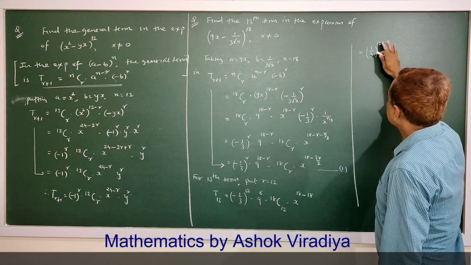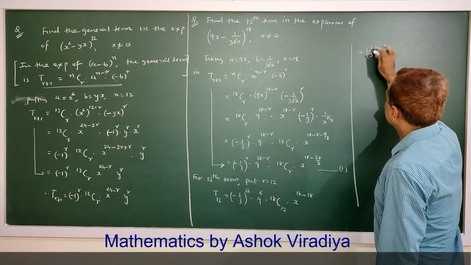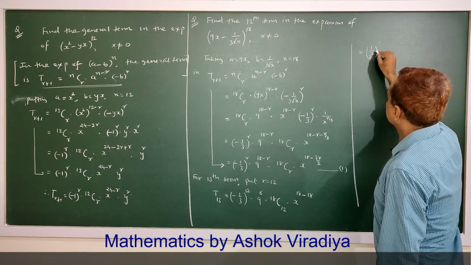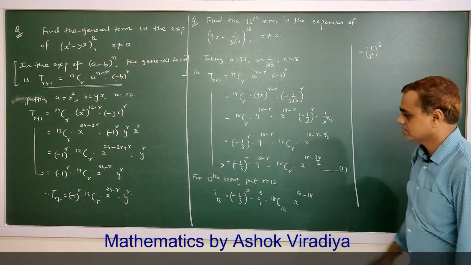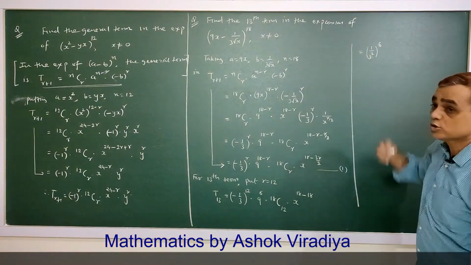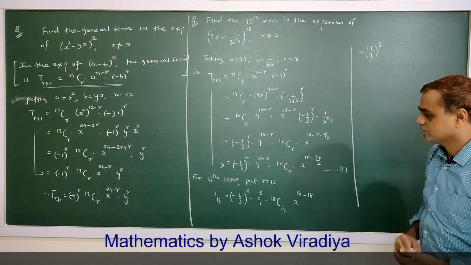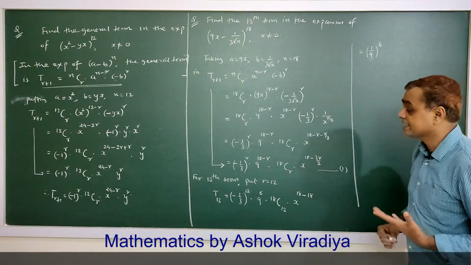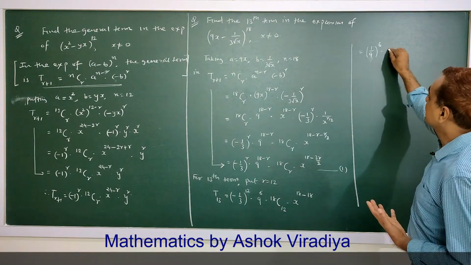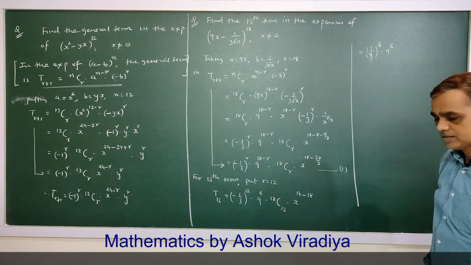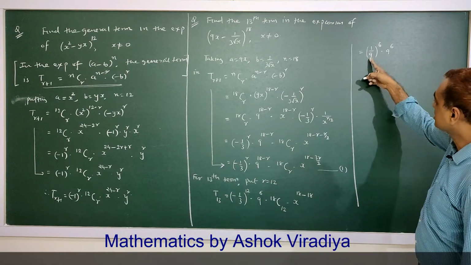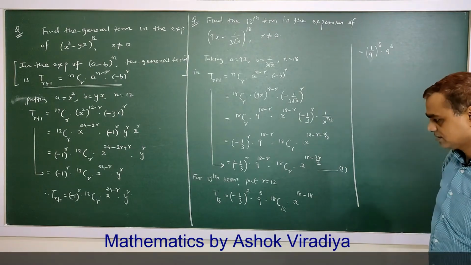Now this can be expressed as 3 square raised to 6. 3 raised to 12 is 3 square raised to 6. Now 3 square is 9. So this can be expressed as 1 by 9 raised to 6 into 9 raised to 6. We have done so because we can cut these numbers.